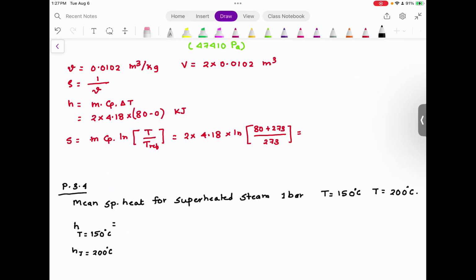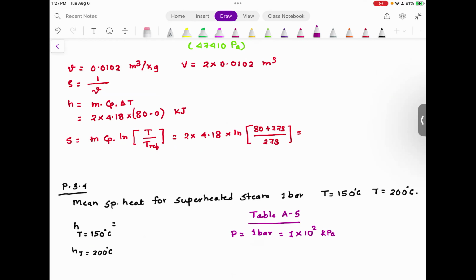So what needs to happen is, you can see this pressure is at 1 bar. So there is another table that you can refer, which is table A5. 1 bar, P is equal to 1 into 10 square, which is 100 kilopascals.